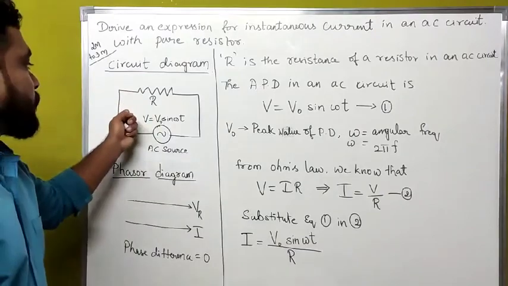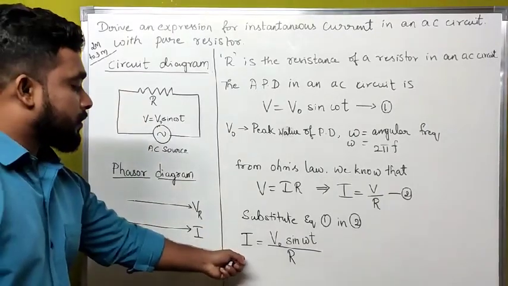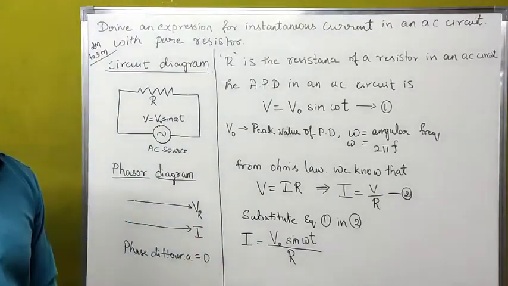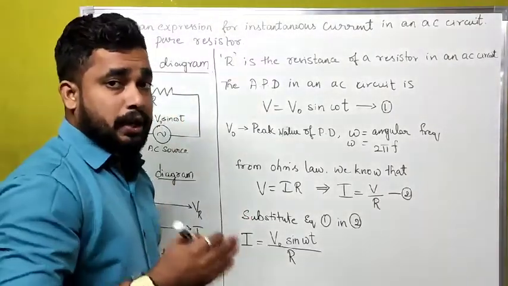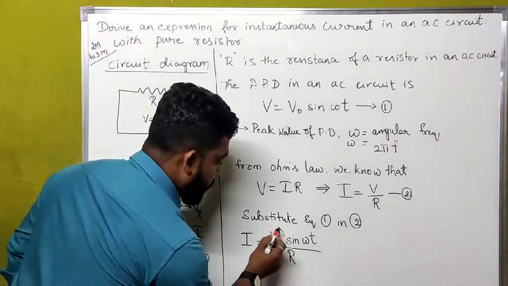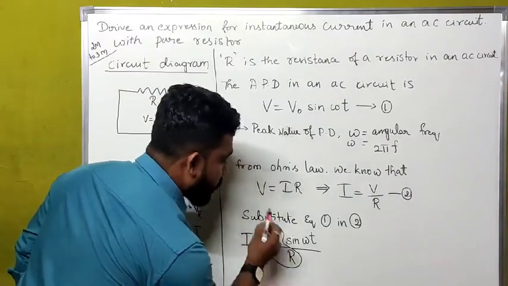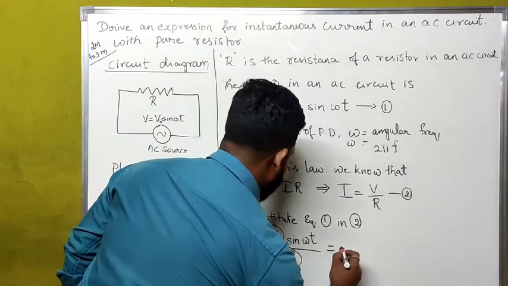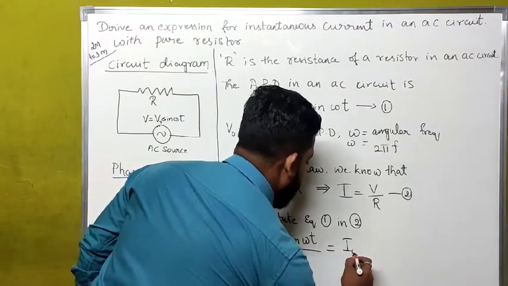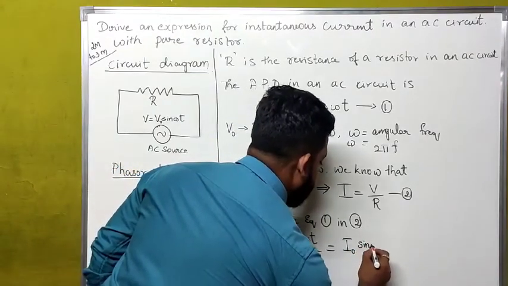The expression for the AC circuit is I is equal to V naught sin omega t divided by R. But in this expression, I am going to consider V naught divided by R as I naught, so it becomes I naught into sin omega t.